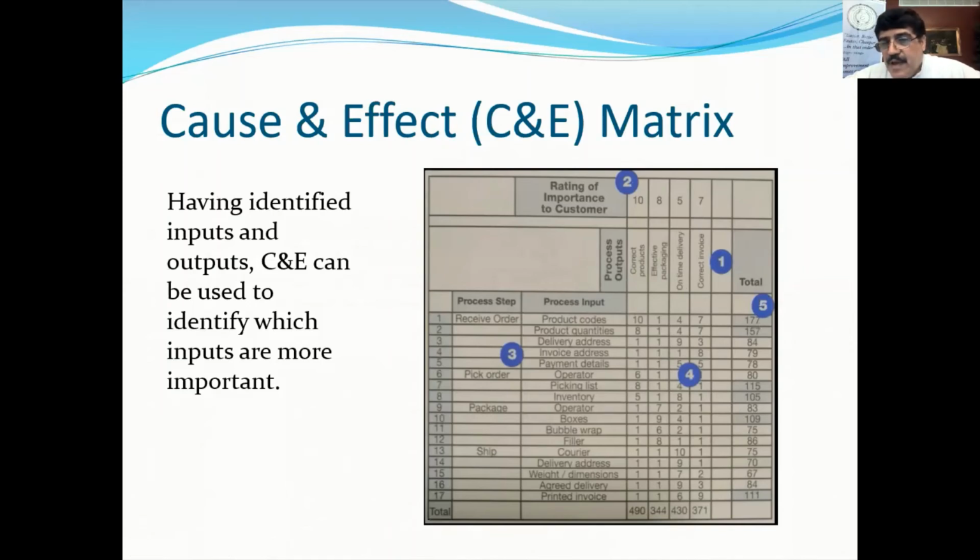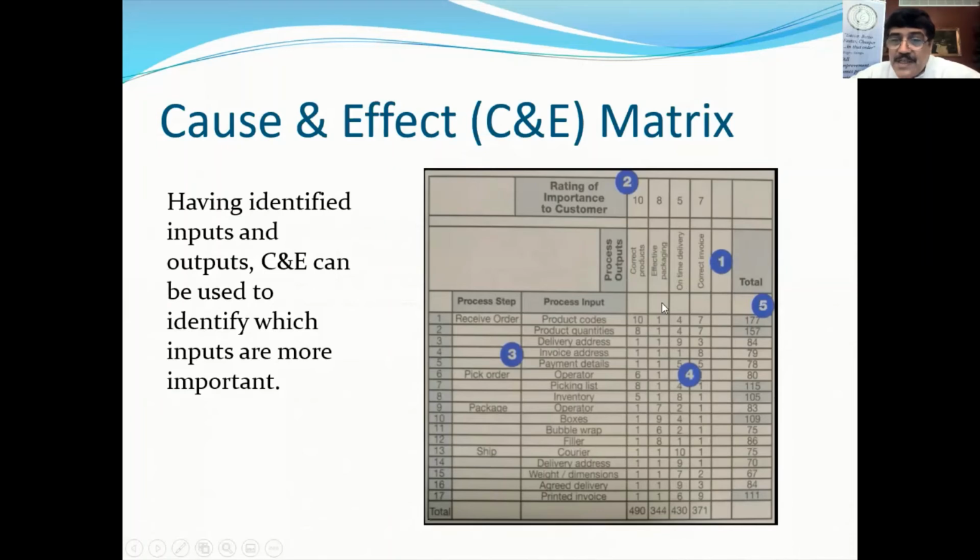Now, after you do all of this, number five, you want to see which of these inputs is more important. So you go by the highest score, like 177, 157, 115. That's the result of the analysis.